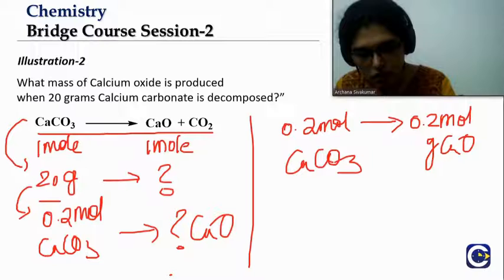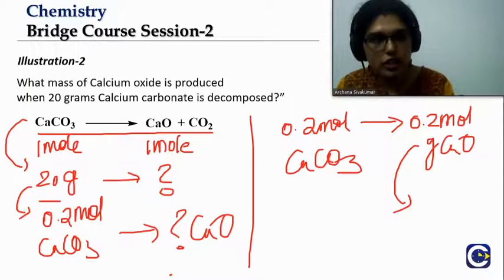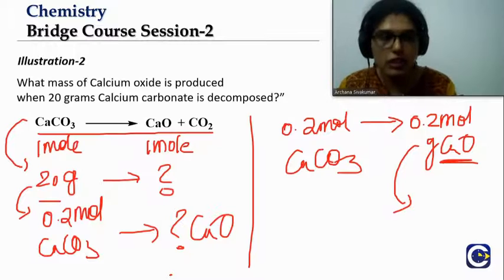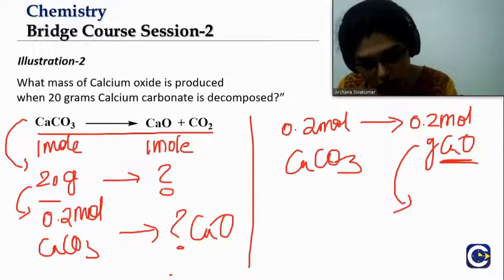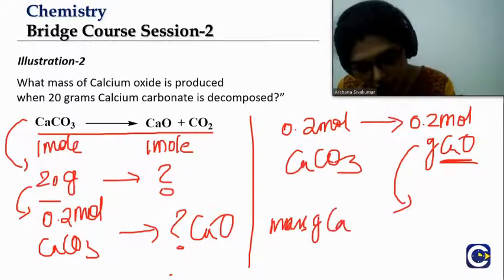Am I right? So 0.2 mole of calcium oxide, if I have to convert into mass, I have to use the molar mass. The molar mass of calcium oxide is 40 plus 16, which gives 56. So what will be the mass of calcium oxide? 0.2 times 56.